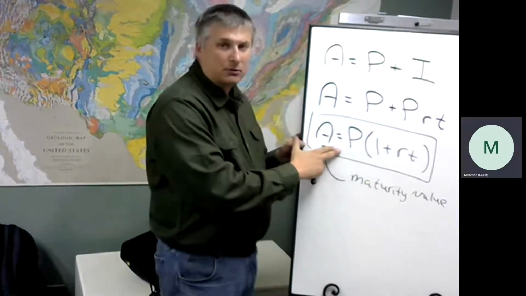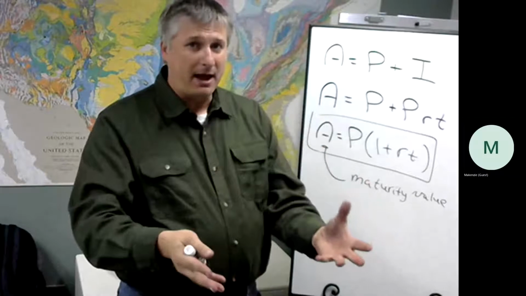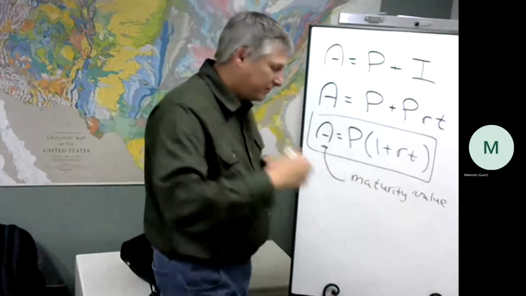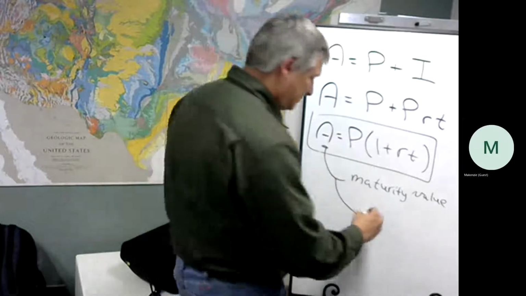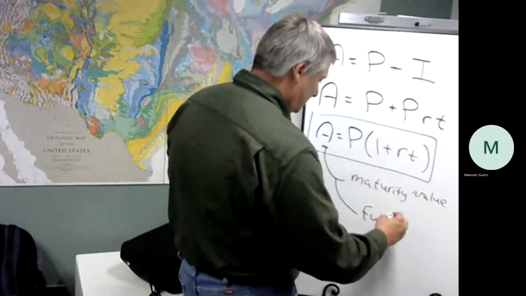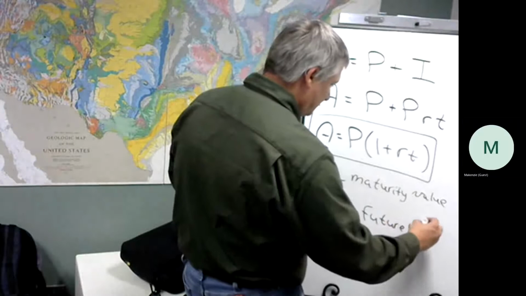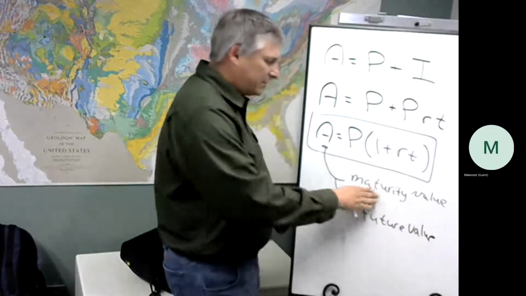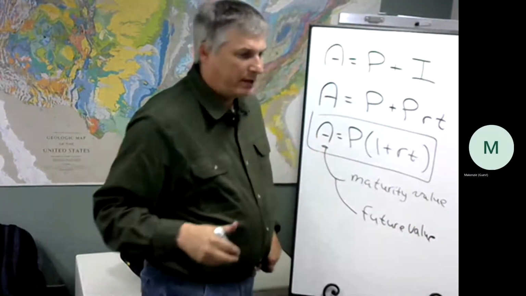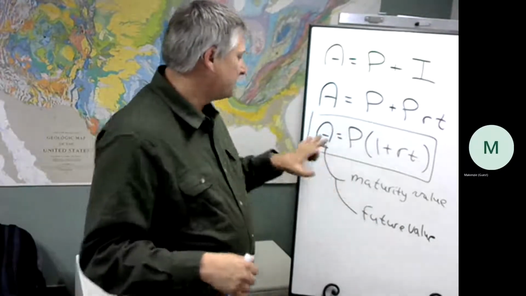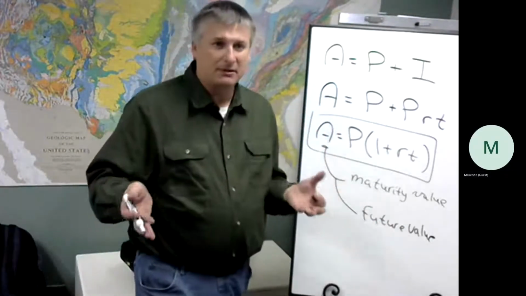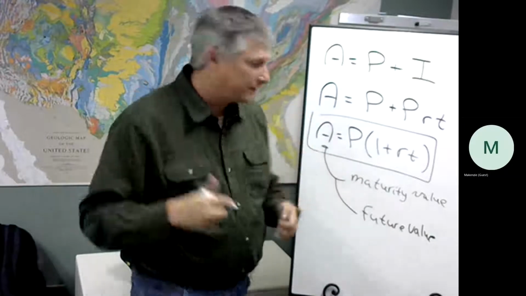When this is a loan, where we have to pay somebody back, it's called maturity value. But if it's an investment, it will be called future value. So maturity value is what we call this when we borrowed some money and we're going to pay it back. Future value is when we've invested and we're going to get our money back at some point.